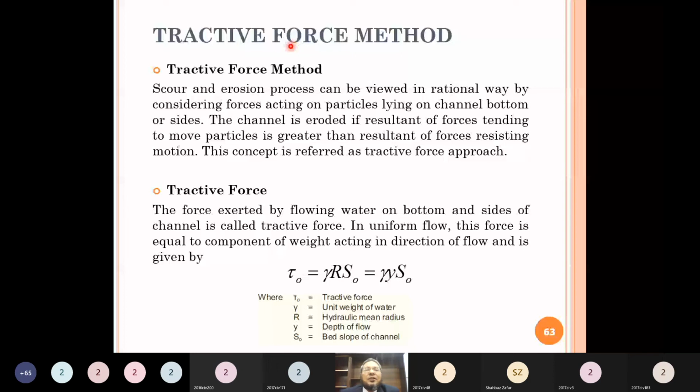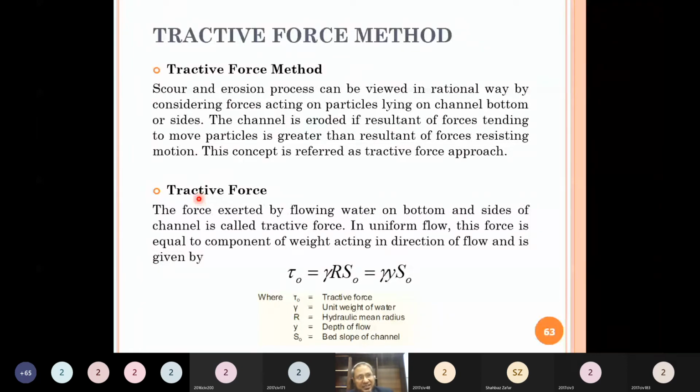So now we want to discuss another method of the rational approach to design the irrigation channel. That is the tractive force method. Now, what is the tractive force method? And what is tractive force, by the way? Tractive force is the force exerted by the water on the bed and sides of the channel when the water flows.